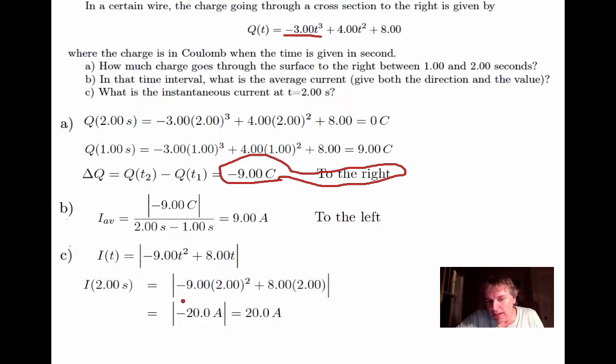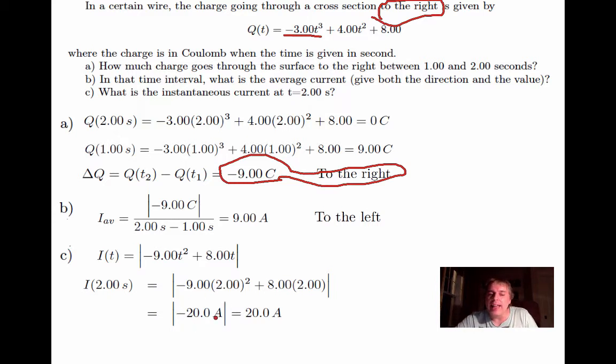You see, our Q of t, when we took the derivative here, the derivative of Q of t was negative. And remember that Q of t is defined with respect to the right. So if the derivative of Q of t was negative, this is telling us that at 2 seconds, negative charges were moving to the right, because dq dt here is negative.